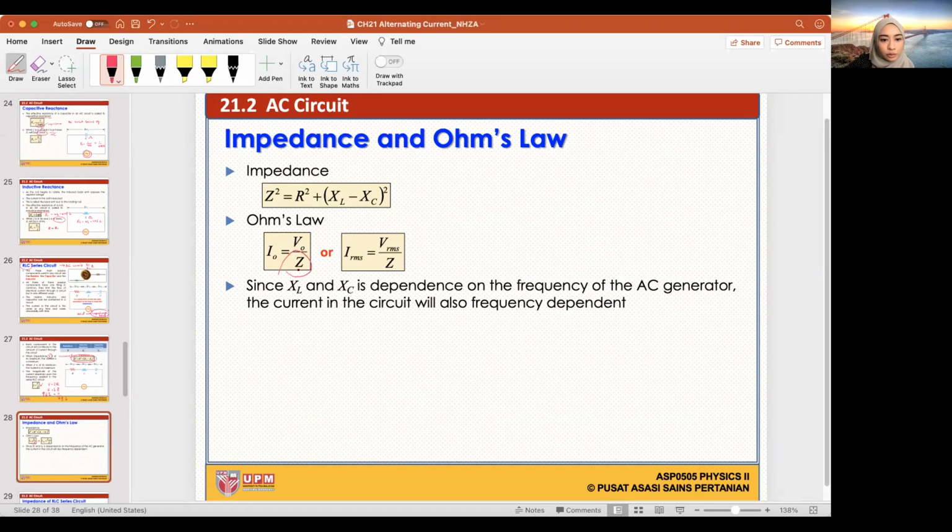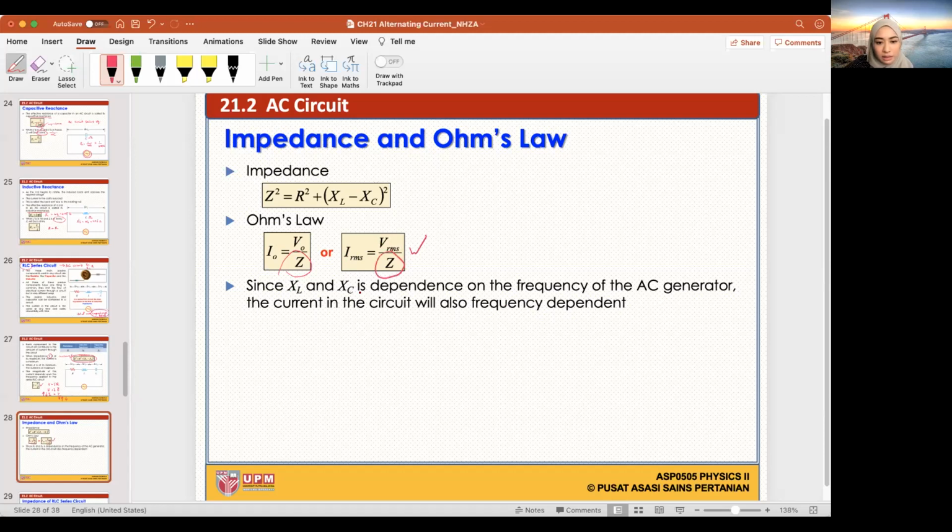So it can be used. If you use RMS values, you will get RMS values: if you use voltage RMS, you will get IRMS, and if you use IRMS, you will get voltage RMS.